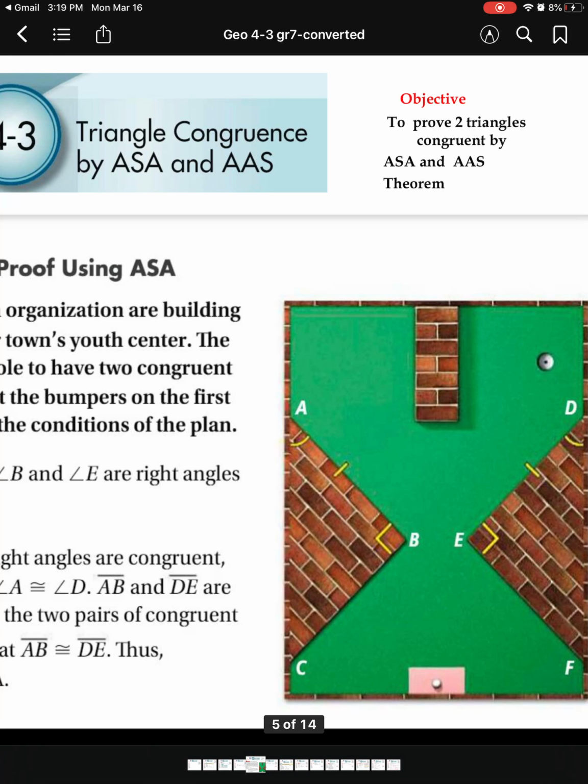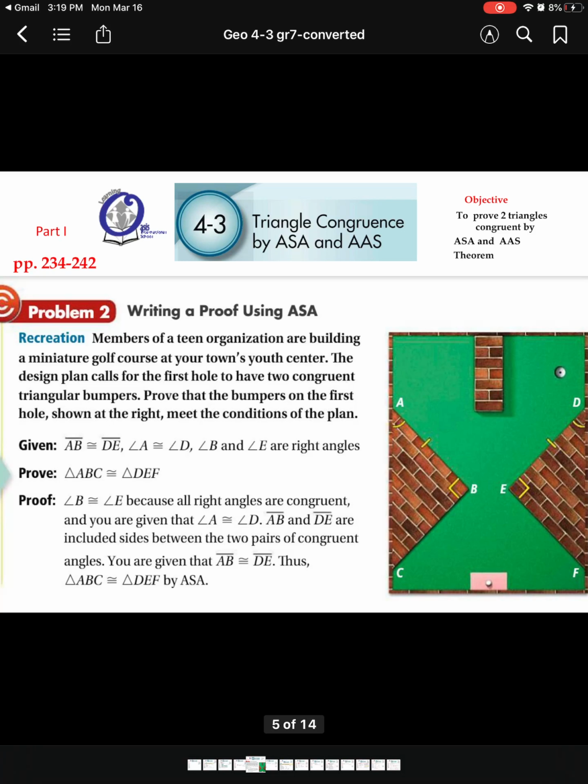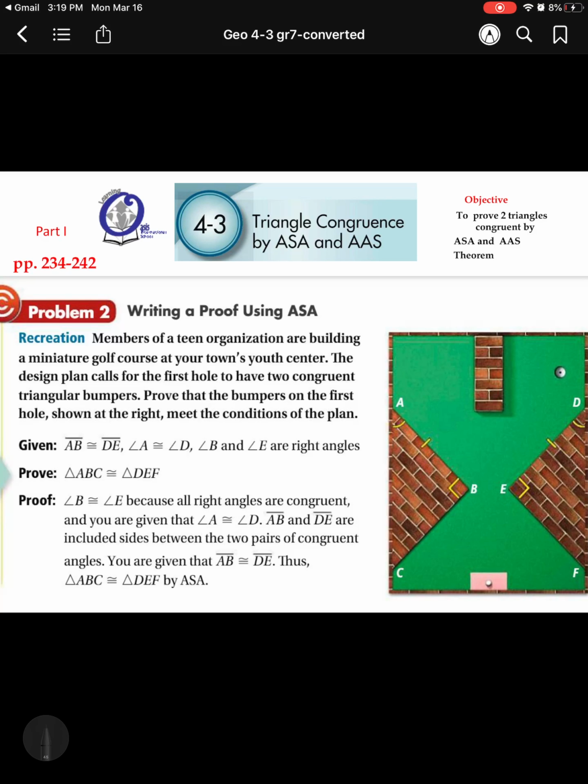It's clearly shown that the line segment AB is congruent to AD. Angle A, with one mark, is congruent to angle D. And it told me that angle B is a right angle and angle E is a right angle as well, which both equal 90, so they are congruent. So I can tell easily that the two triangles are congruent.